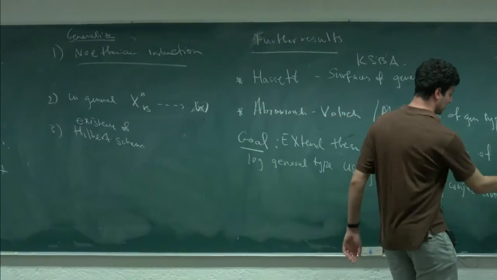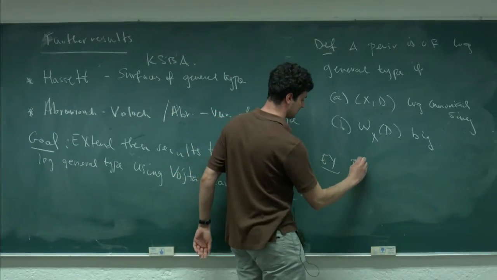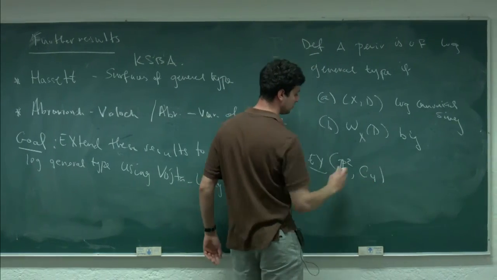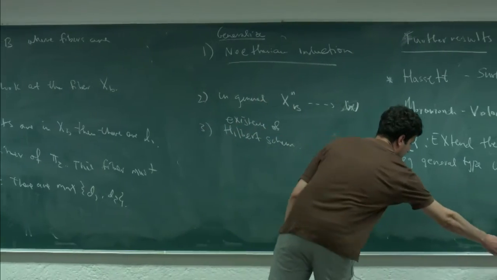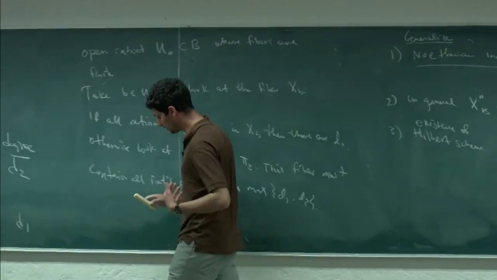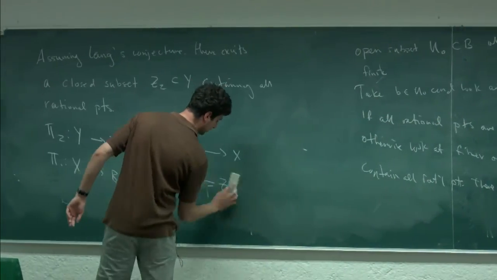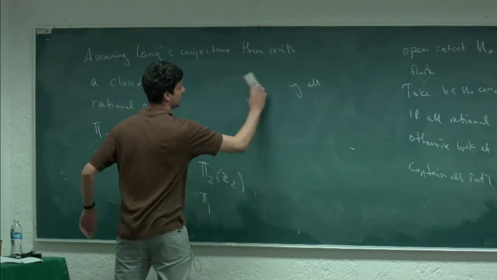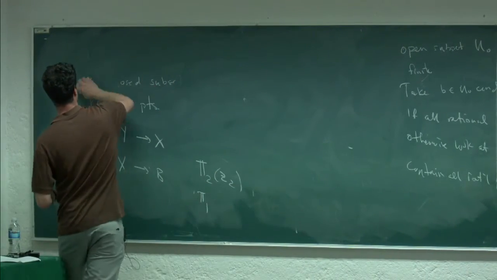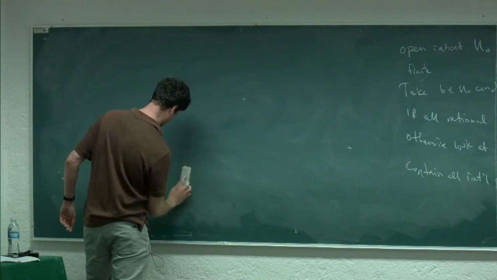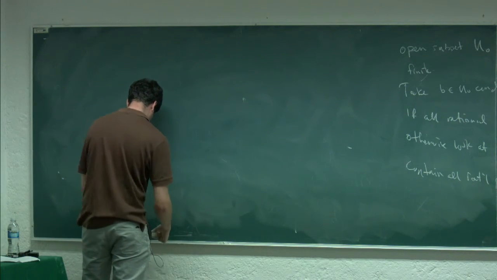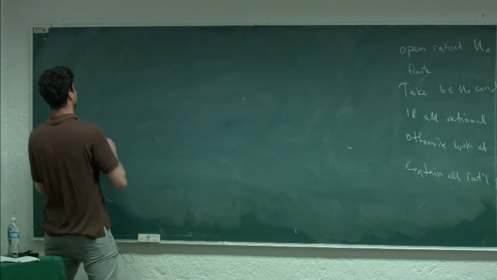So that's P2 and a smooth quartic. And so somehow the idea is that we want to talk about integral points on some variety away from a divisor. So let me say.